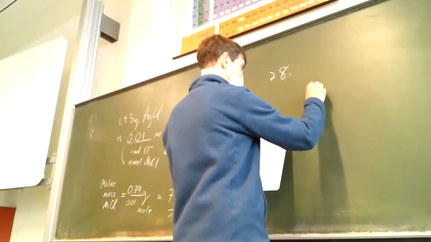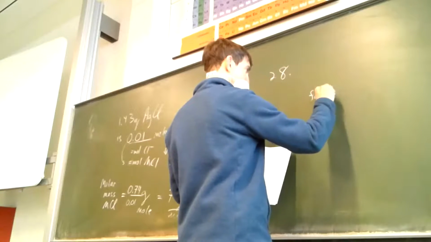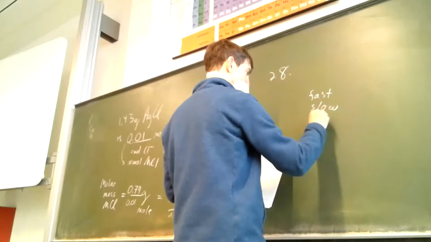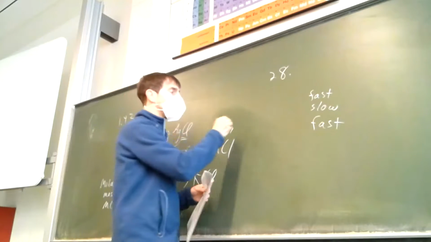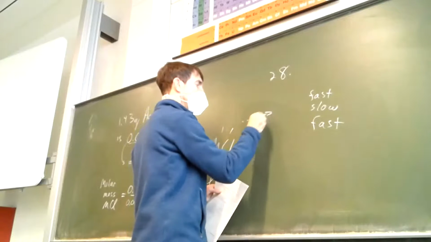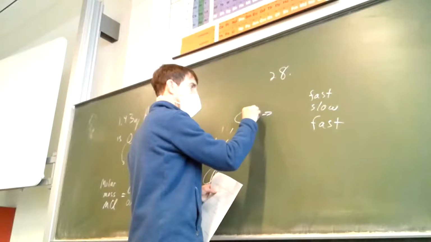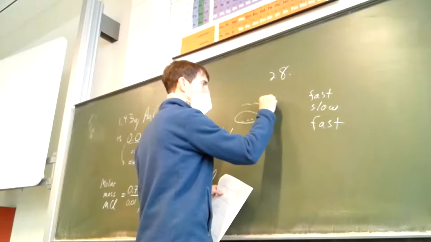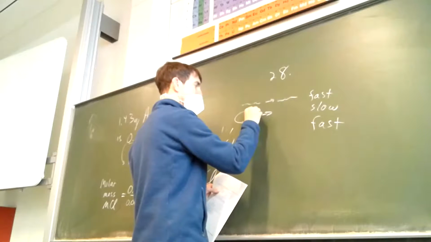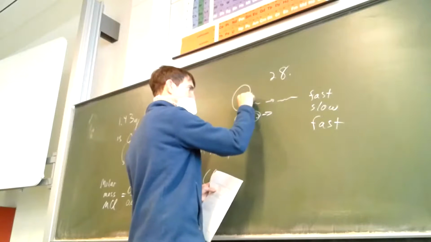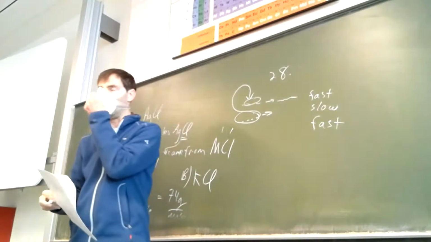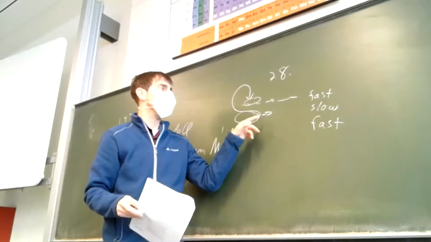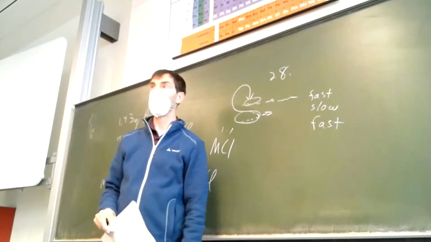Like if it looks like this, Anthony, if I have fast, slow, fast, often what that means is I'll have some stuff here, and this stuff comes from the one up above. And I've got to go back and substitute it in for something in the slow step. We did that a couple times, but if it's just slow, fast, fast, really the slow one is all you need anyway.